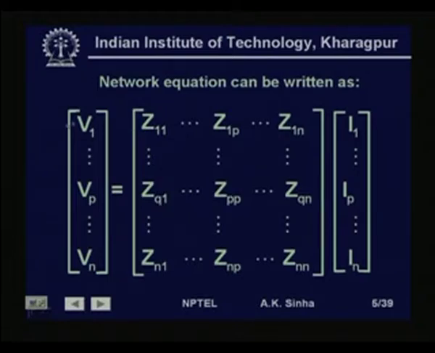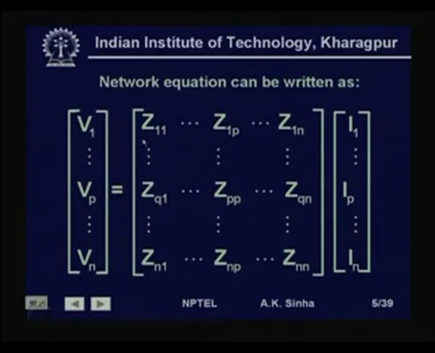These bus voltages are measured with respect to a common reference, which can be the common neutral of the generators or the ground. So, all the bus voltages are referred to that common reference.